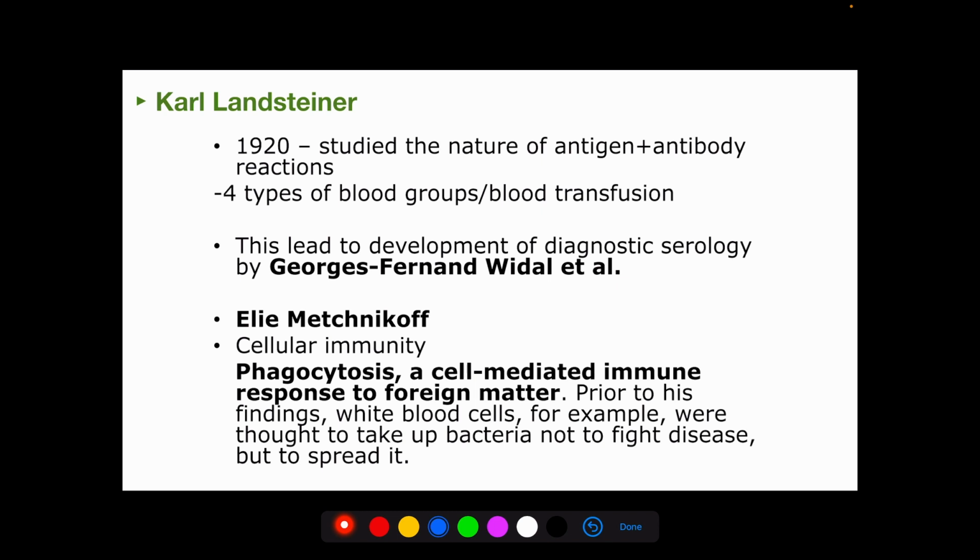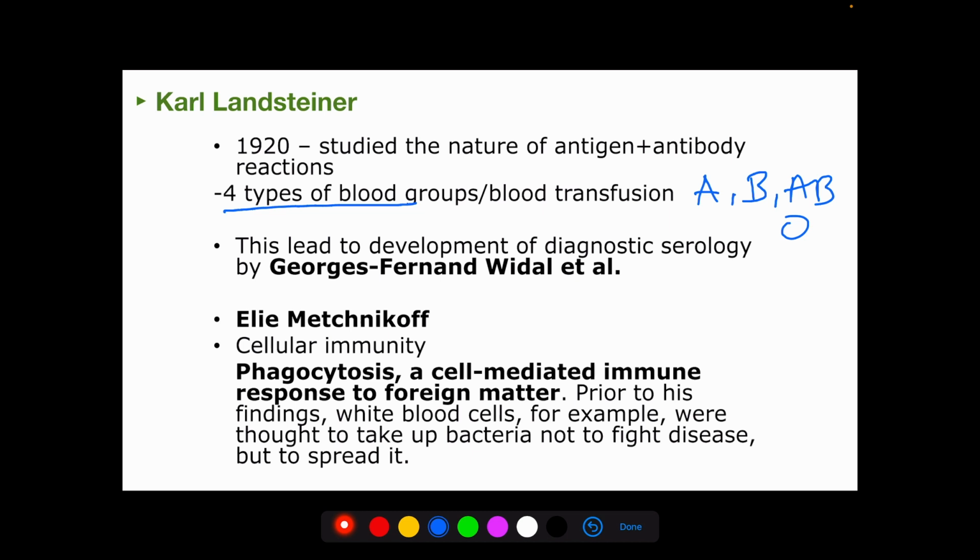And he was the one who said that there are 4 main types of blood groups. And he said we had the blood group A, B, AB, and O. Now this led to the development of diagnostic serology by Georges and Fernand as well as Woodall et al.